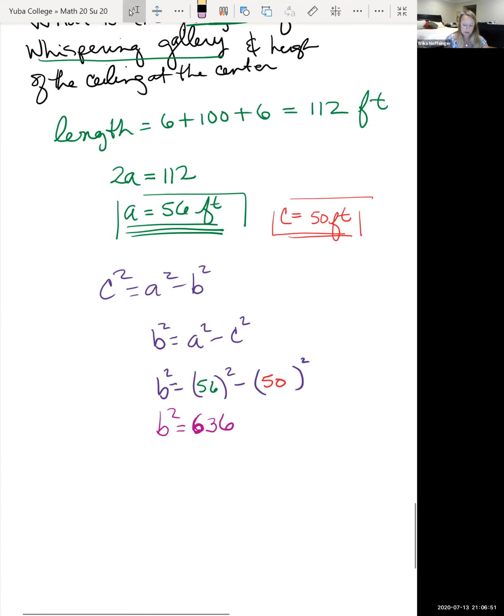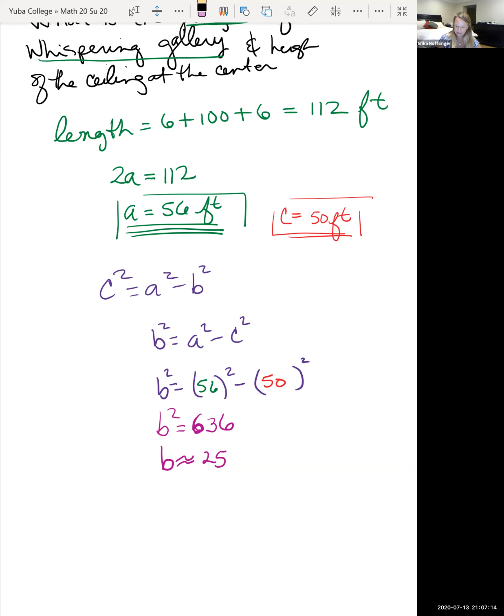And so take the square root of that. We get that B is approximately 25. Go back to directions. I think it said round to the nearest tenths. So it's 25.21.